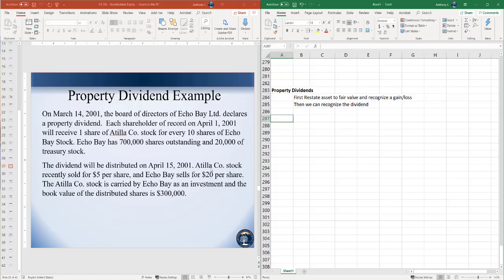So we're going to distribute the Attila stock, and it tells us each shareholder of record will receive 1 share of Attila stock for every 10 shares of Echo Bay stock. In this example, we have 700,000 shares outstanding. Again, dividends will never get paid on treasury stock because the company owns the treasury stock.